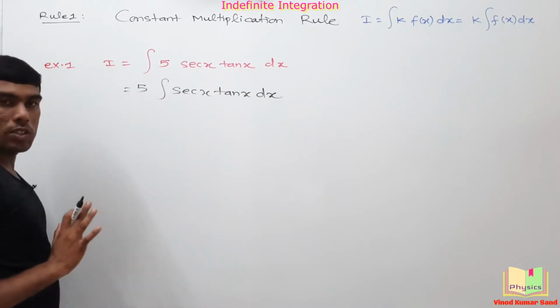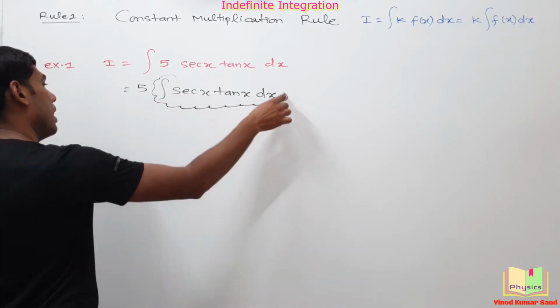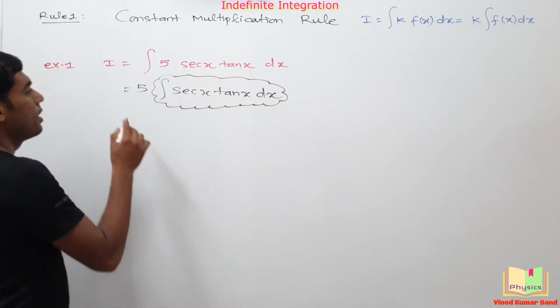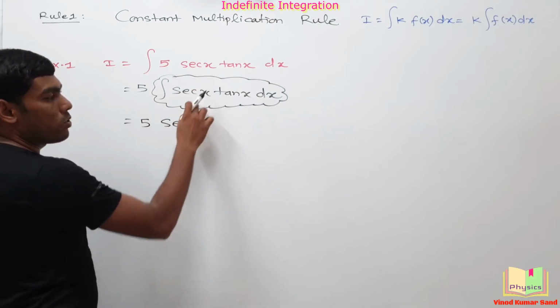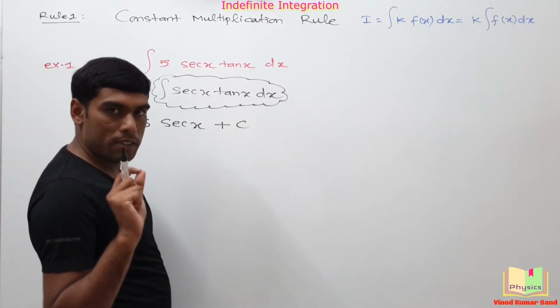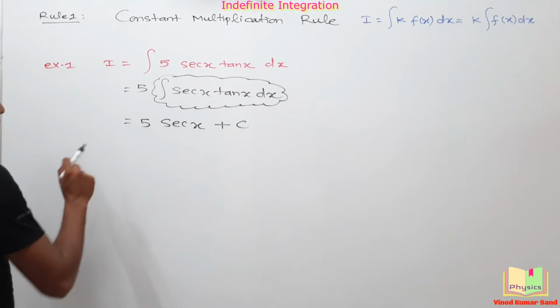Now, do you remember any direct answer of this? Check your formula table. The answer will come out to be secant x for this calculation, and there will be some constant c because we are dealing with the indefinite integration.